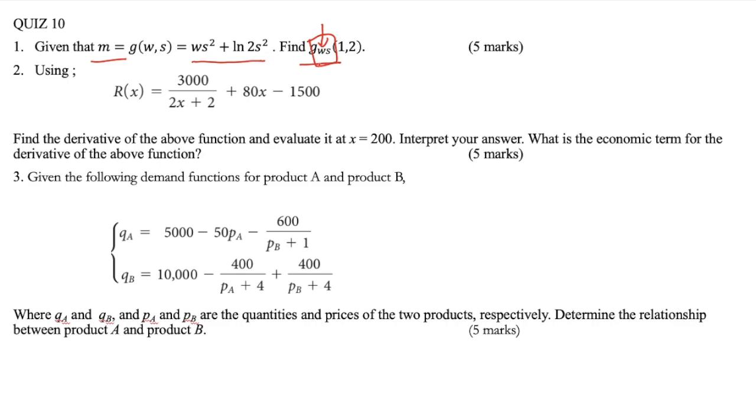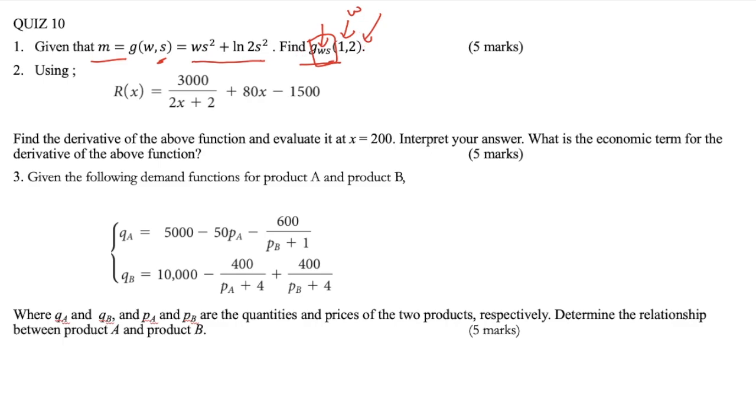After you get the first derivative of m with respect to w, then the answer that you get, you differentiate it again, but this time around with respect to s. So this is mixed partial derivative. After you get the final answer, then you substitute the value of w equivalent to 1 and the value of s equivalent to 2 back into your answer to get the final answer.